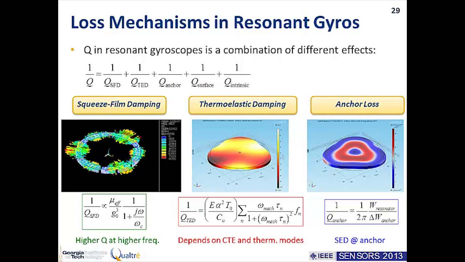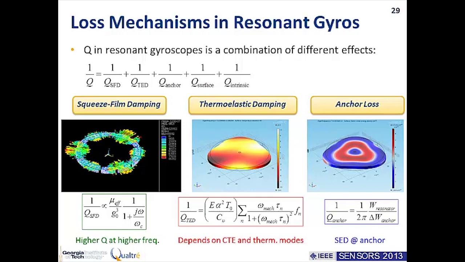The remaining two terms are the Q surface and Q intrinsic or Q material. And there's really not much you can do about these terms in terms of design. These are mostly related to fabrication and material properties.